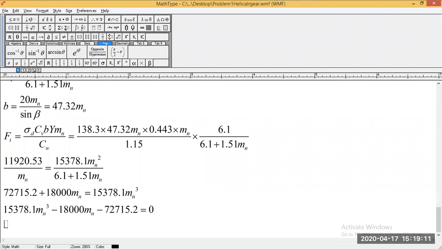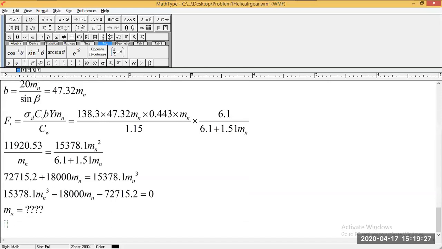So solve this in the calculator and tell me what is mn. Have some practice solving in the calculator. In the meantime, I'll go to the next step.